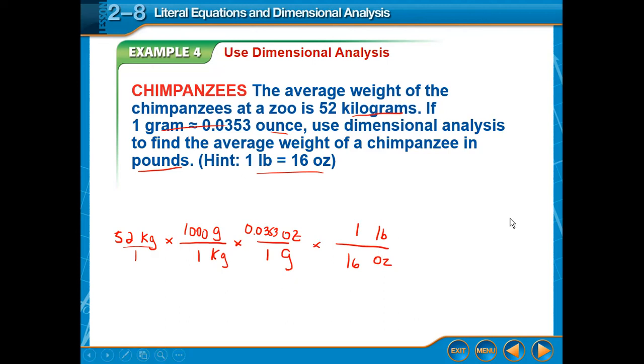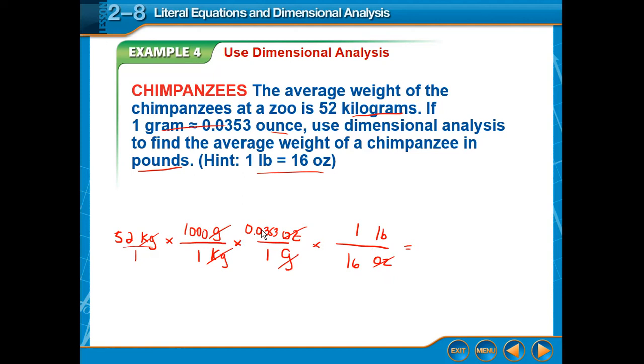Now when I go to solve this, all of the units except for pounds would cancel: kilograms, this gram with that gram, this ounce with that ounce. The only unit I have left is pounds. Then it's just a matter of multiplying. On the top, I'm going to multiply all the numbers: 52 times 1,000 times 0.0353.